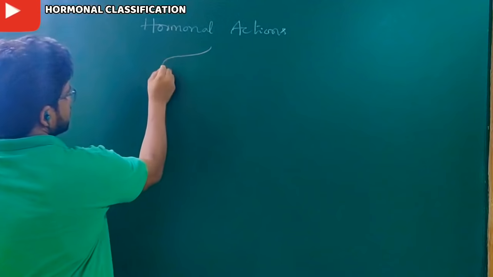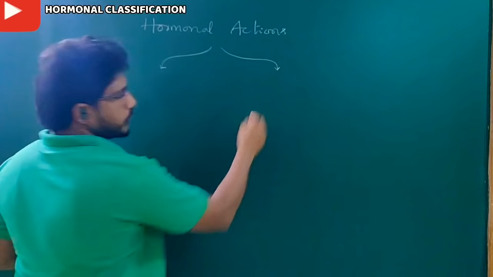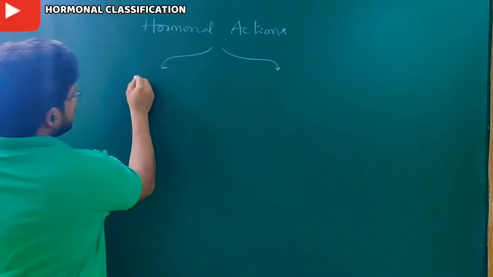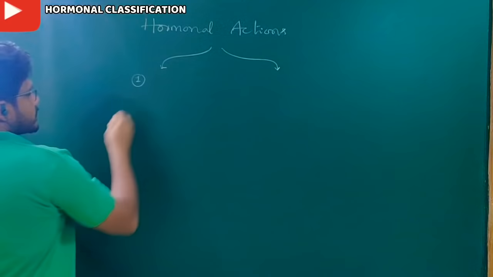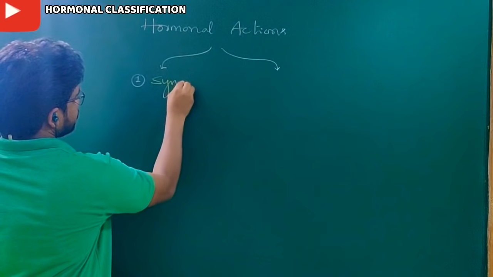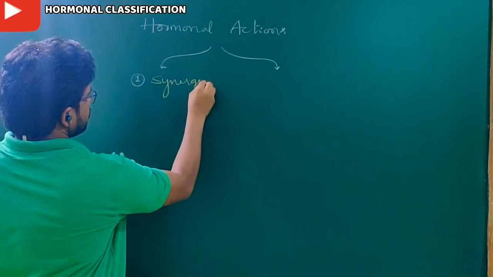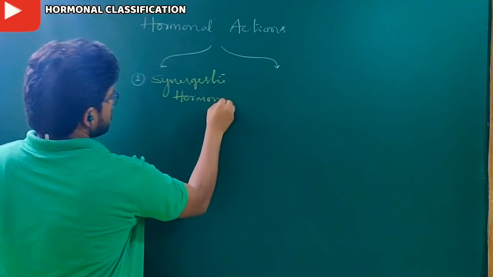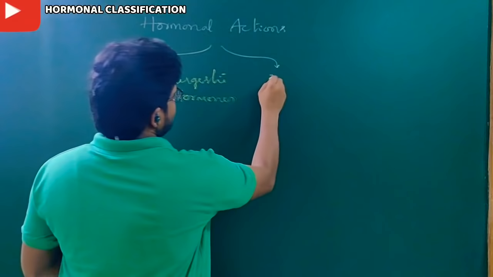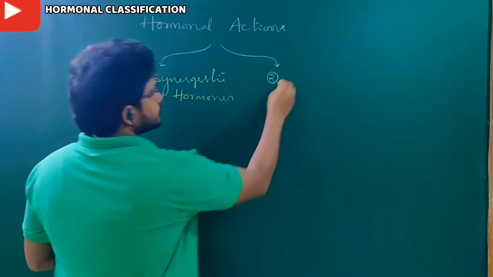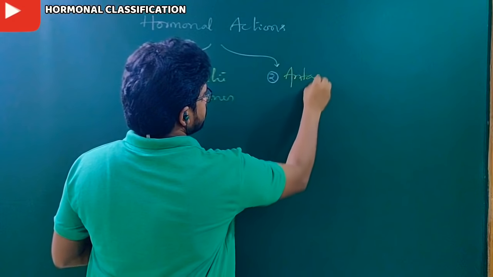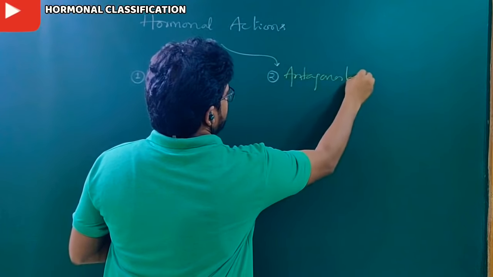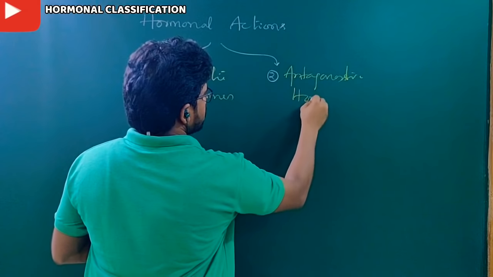According to hormonal actions, hormones are of two types. First one, synergistic hormones. Second one, antagonistic hormones.